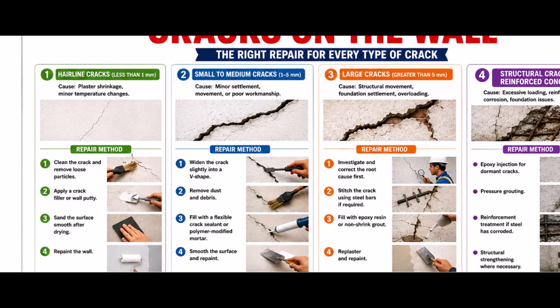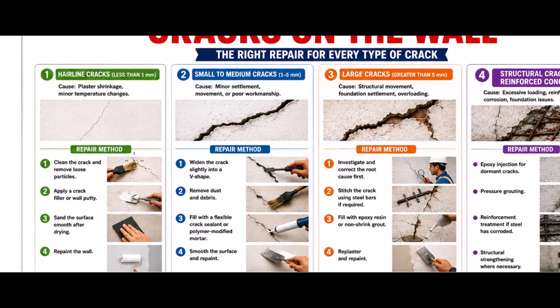For the second crack, which is the small to medium cracks, it is the crack that ranges from 1 to 5 millimeter in size. The cause of this kind of crack is minor settlement, movement, or poor workmanship. The repair method for this kind of crack is step 1, widen the crack slightly into a V shape.